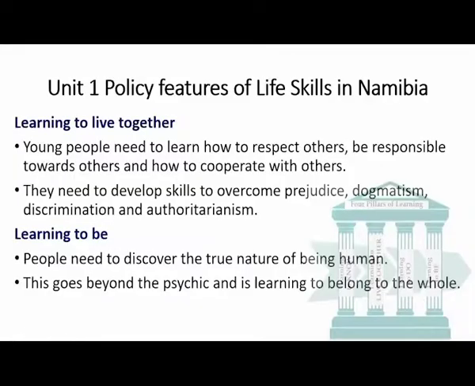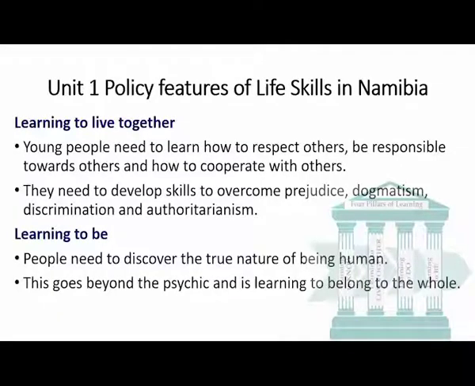The next slide is, we are now busy with the third pillar, learning to live together. Young people need to learn how to respect others, be responsible towards others, and how to cooperate with others. It actually slots in with the previous one.